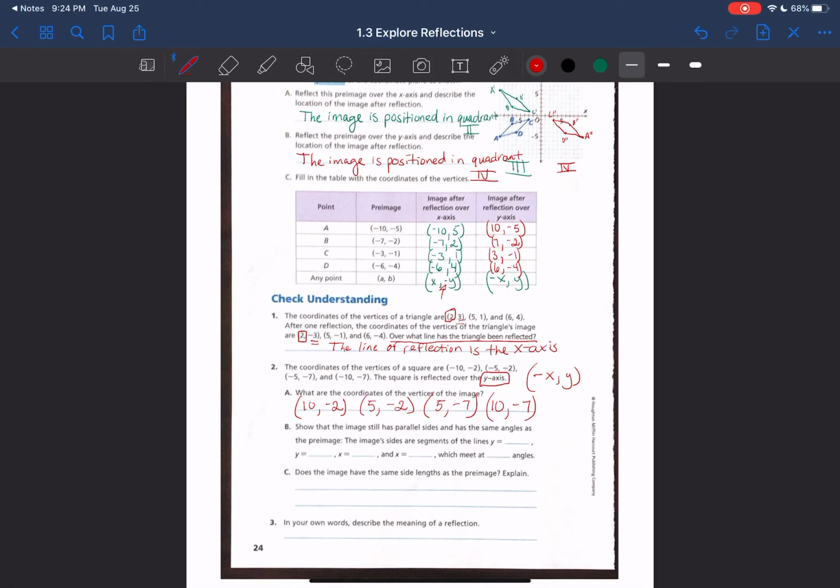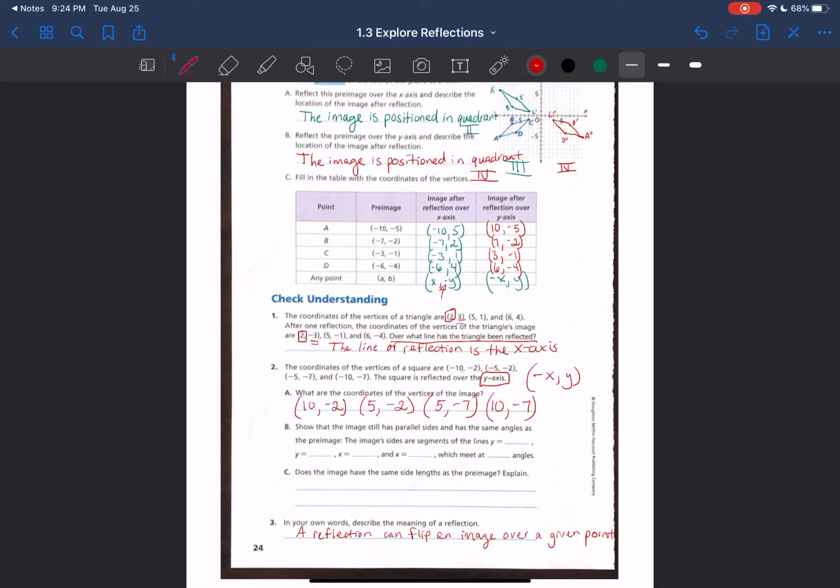All right. In your own words, describe the meaning of a reflection. So a reflection can flip an image over a given point, or over a line of reflection, whatever's going to allow you to remember what a reflection is.